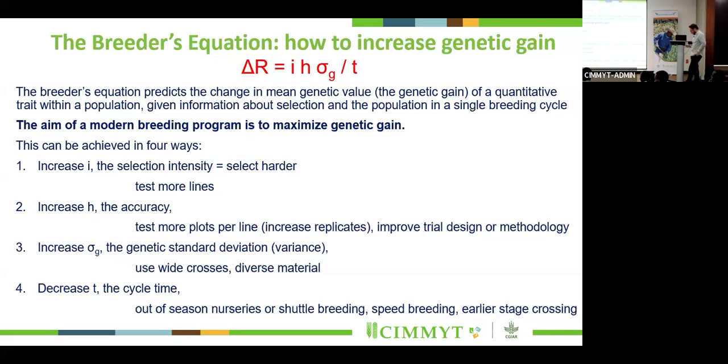In IITA, we have been working with CIMMYT for years now, trying to standardize all the breeding operations, the target product profile, even the scales for the traits. We have been using slightly different approaches, but now we are trying to standardize all sorts of things.